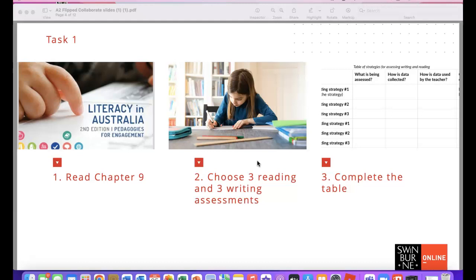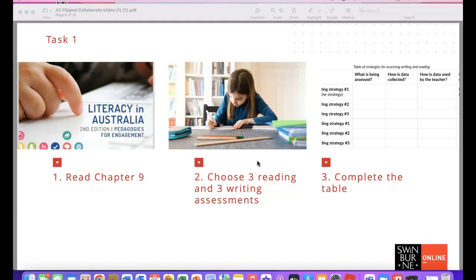When you're choosing assessments, I find with literacy assessment in particular that being really explicit can help you to be able to critically analyse a particular resource or a particular assessment tool.